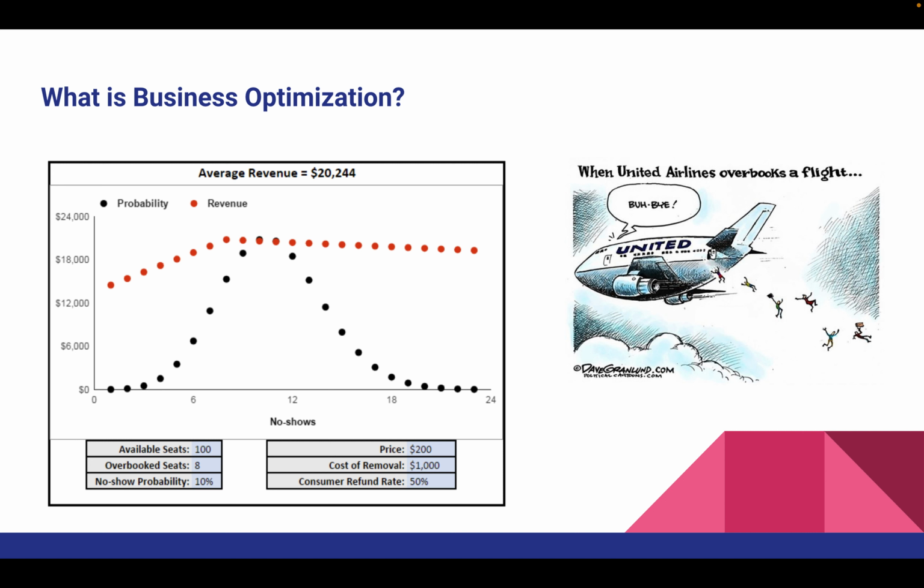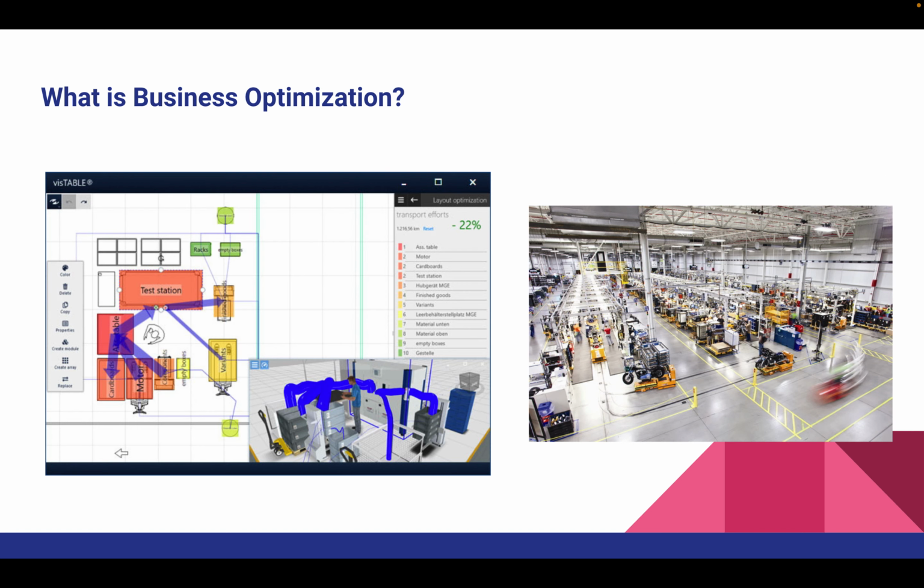Another typical optimization model, which we won't talk about in this presentation, is overbooking an airline, which again needs to be considered with these models and understanding.